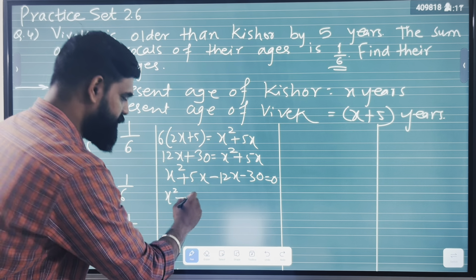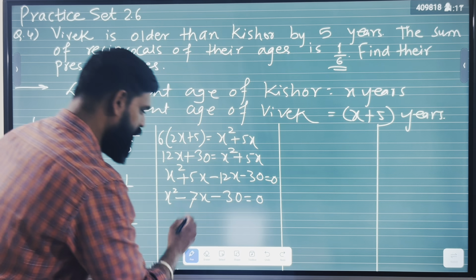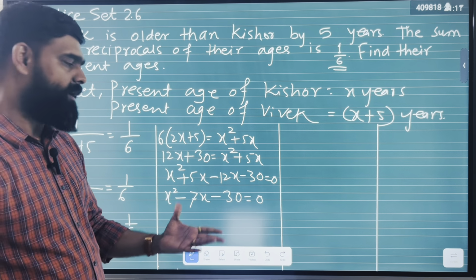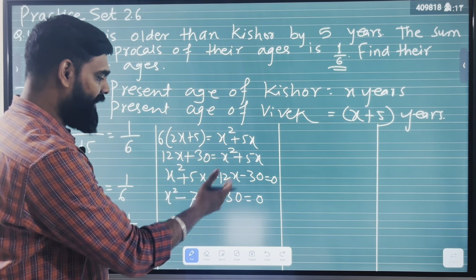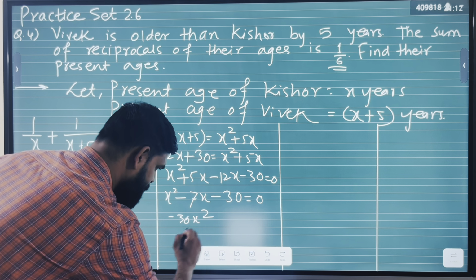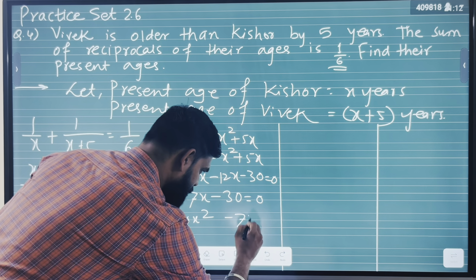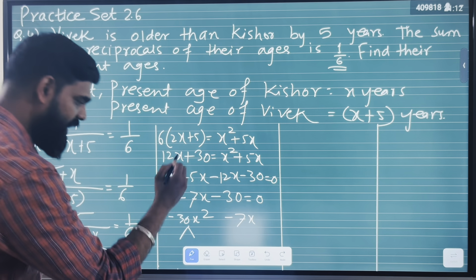5x minus 12x becomes minus 7x minus 30 is equal to 0. So we have to find two values. The multiplication of those two values should be minus 30 and the addition should be minus 7x.